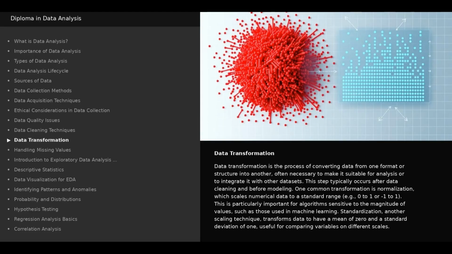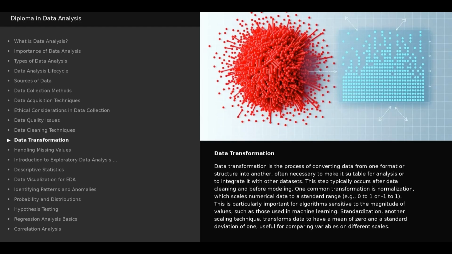Data transformation. Data transformation is the process of converting data from one format or structure into another, often necessary to make it suitable for analysis or to integrate it with other datasets. This step typically occurs after data cleaning and before modeling. One common transformation is normalization, which scales numerical data to a standard range, for example, 0 to 1 or -1 to 1.